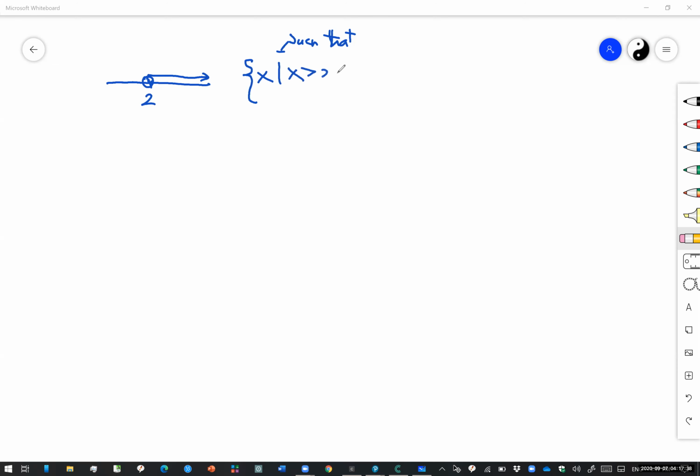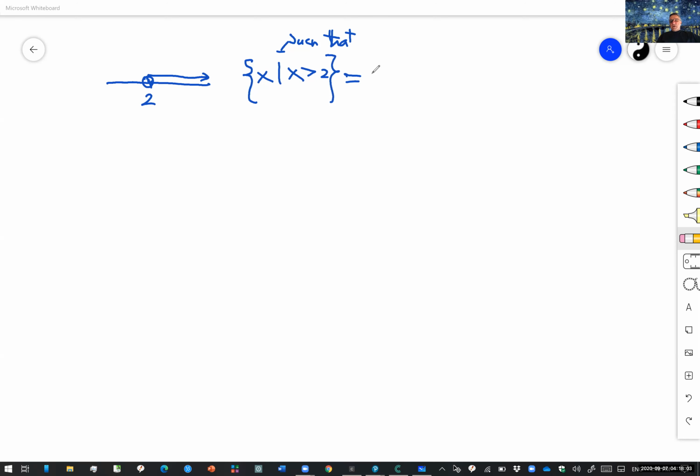Like that. So this right here, we call set builder notation, because I'm not giving you all the numbers that are in that set. What am I doing? I'm describing it. I'm telling you how to build the set. Now, we have a much more efficient notation for describing these numbers.